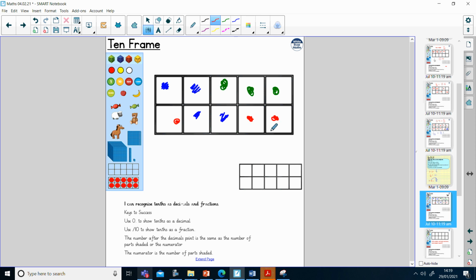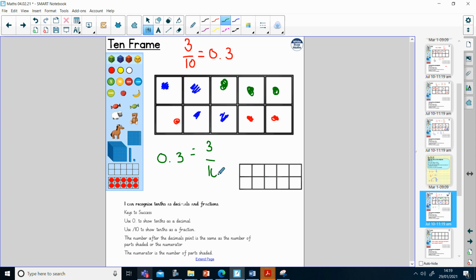Okay, so my red part, I've got 1, 2, 3/10, and 3/10 is equivalent to 0.3. Let's have a look at my green. 1, 2, 3 parts are green, which is the same as 0.3 or 3/10.